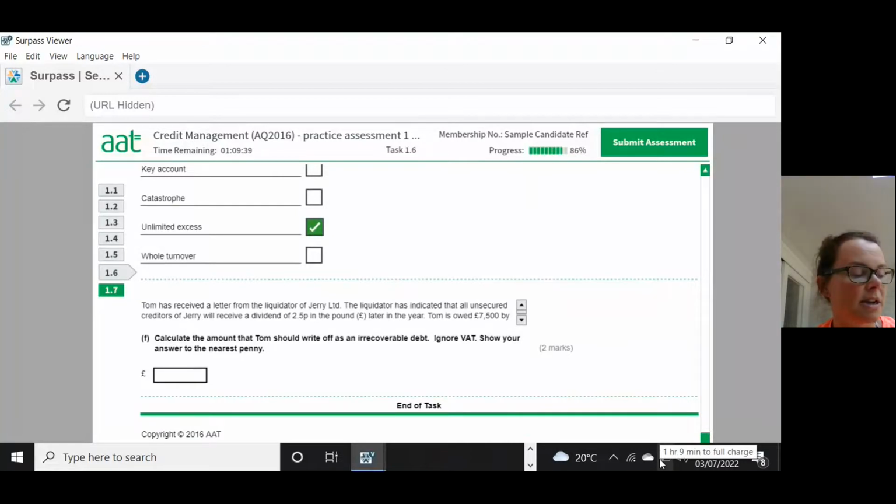Show your answer to the nearest penny. So we just do 7,500 times 0.975. And that's going to be our bad debt, 7312.50.